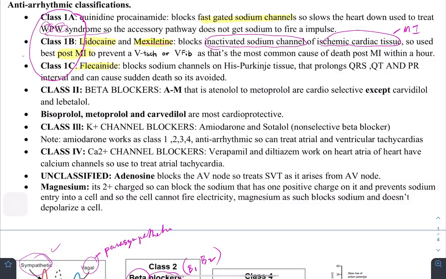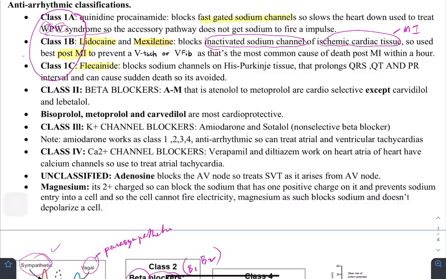This condition is where you have an extra bit or extra current to generate another action potential. So instead of 1 beat periodically, you have 2 beats. So this is good for treating this type of syndrome.